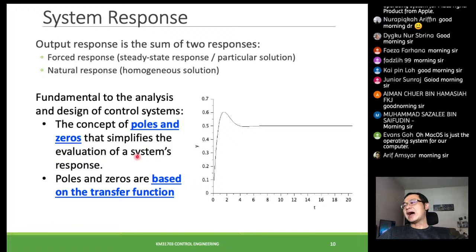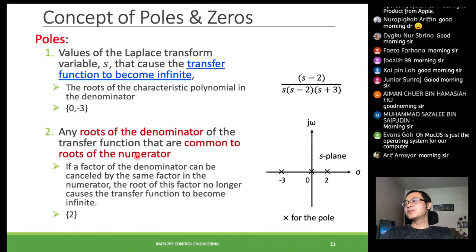So that is our mission today, to analyze the time response by looking at the poles and zeros. So what are poles, what are zeros? The poles refer to the solutions, or the roots, of the denominator, the bottom side, that would create a pole.